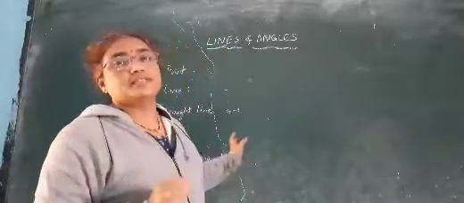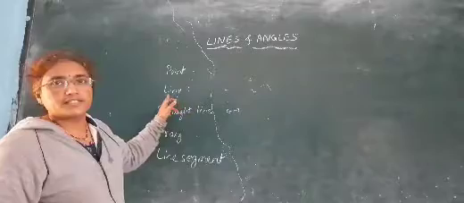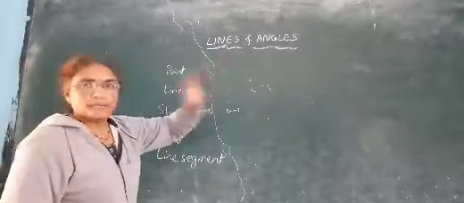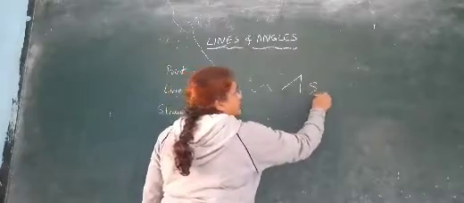Then it becomes the straight line, because a line can be like this also, it may be like this also, it may be like this also.